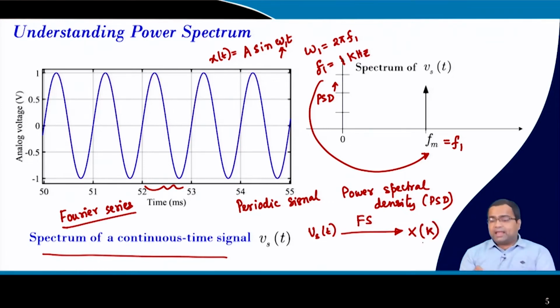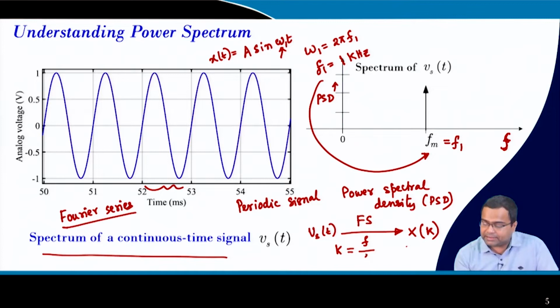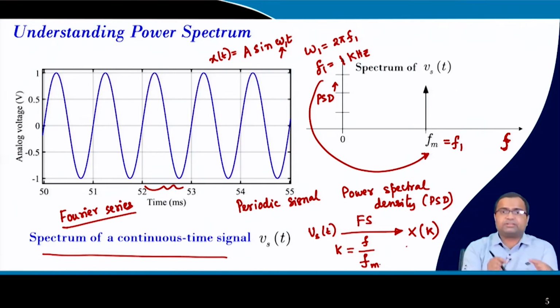What is X[k]? X[k] is the Fourier series of Vs(t), where k corresponds to f divided by your modulating frequency, that is, the periodic frequency, which is fixed.